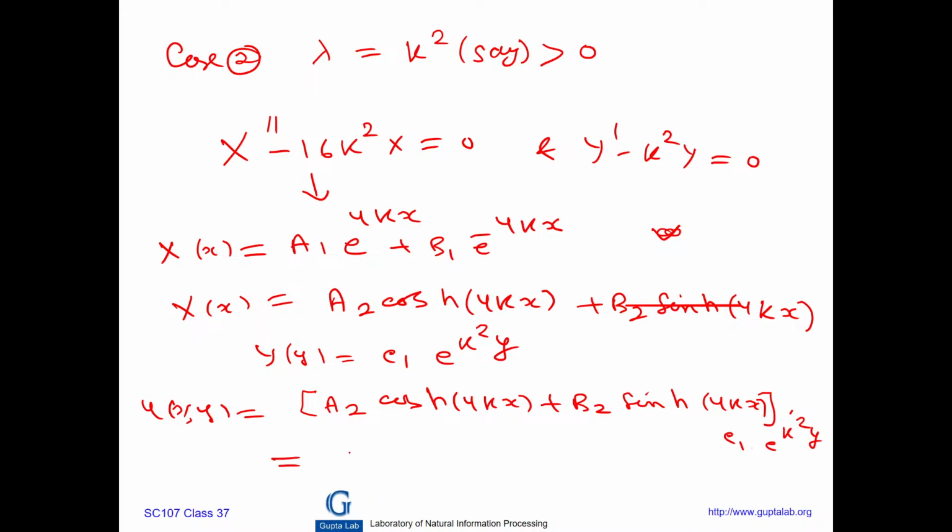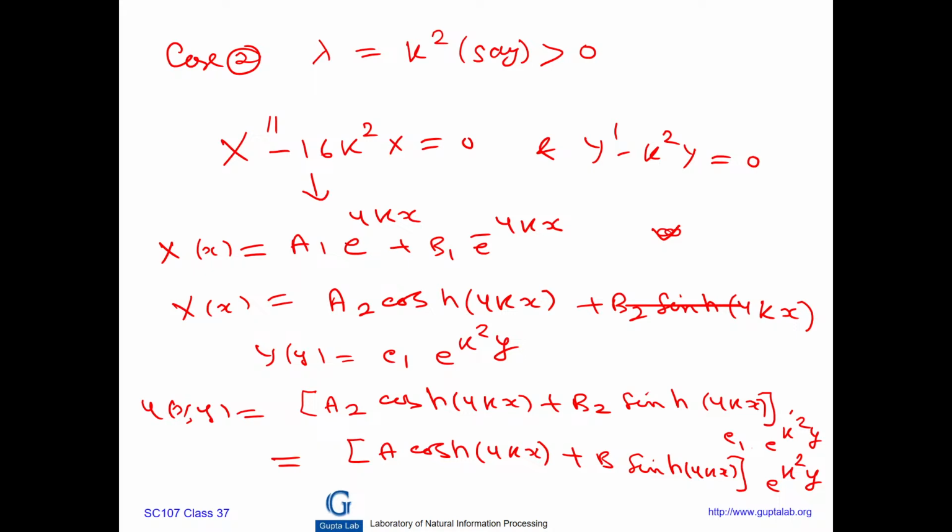If we simplify, this becomes a times cosh 4kx plus b times sinh 4kx times e raised to power k square y. Here c1 into a2 is a, b2 into c1 is b, new constants. So this is the solution. Got it? So two cases are done.